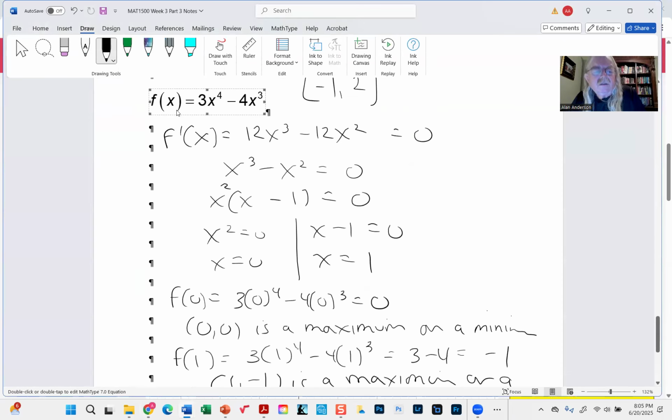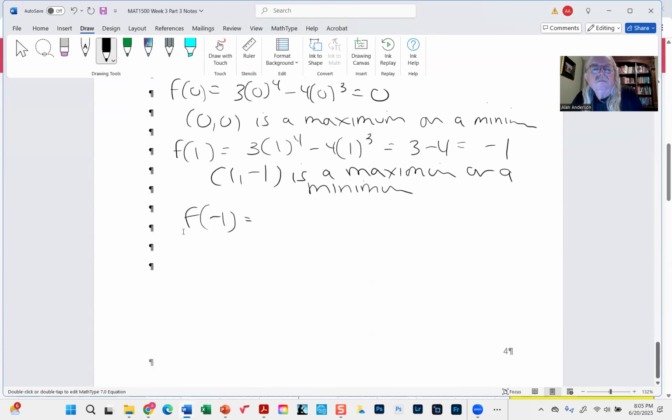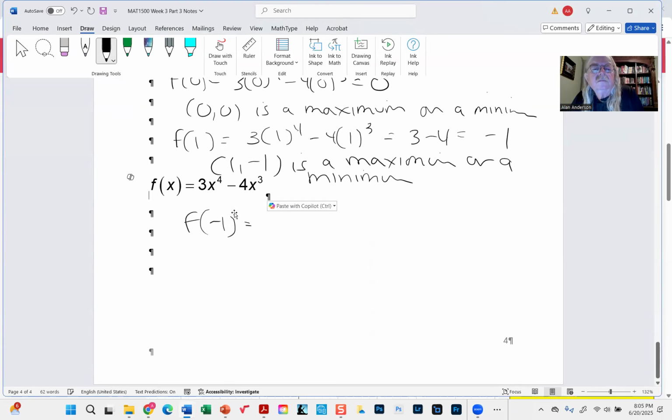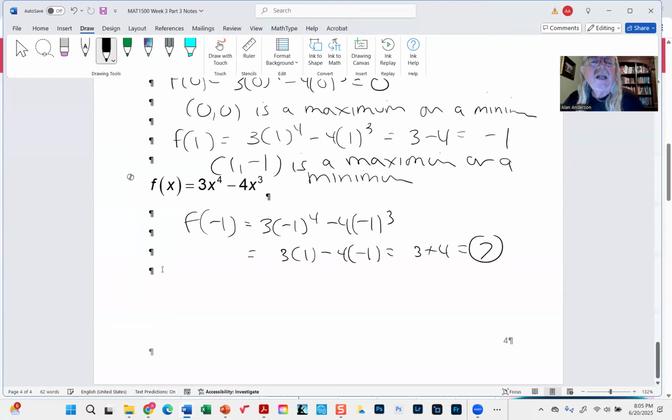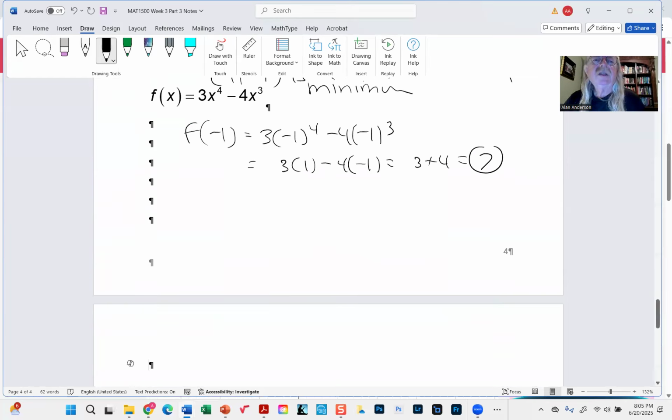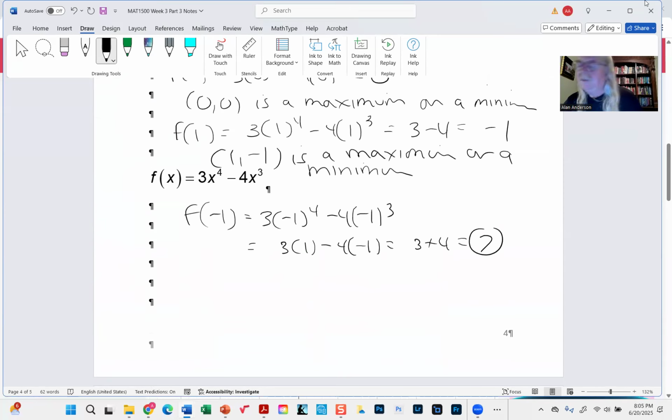So the function is here. So f of -1 is 3 times negative 1 to the fourth minus 4 times negative 1 cubed. And we also need to check f of positive 2.